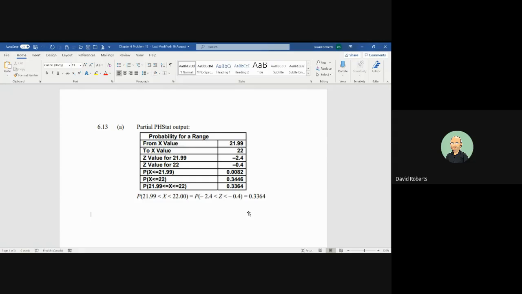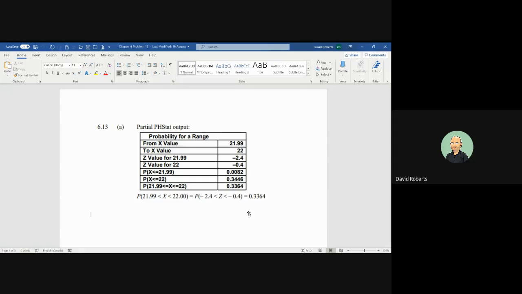You can see them on the screen as negative 2.4 and negative 0.44 compared to the actual results. The p-value, the area underneath the curve to the left of 21.99, is 0.0082, so just less than 1%. The area to the left of 22 is 34.46%, or 0.3446.